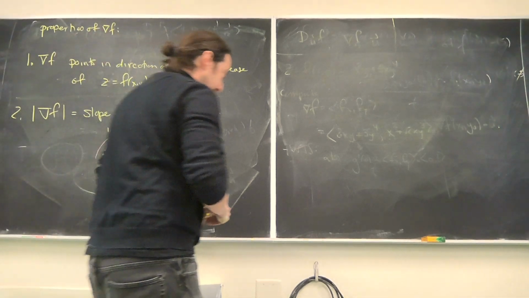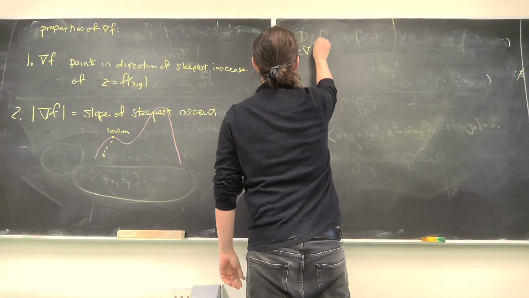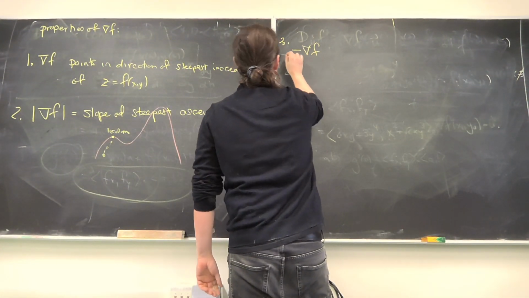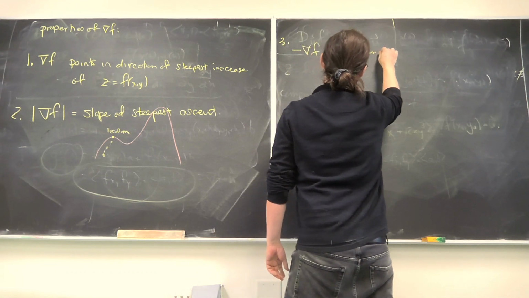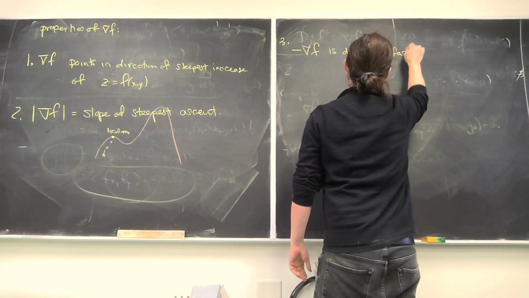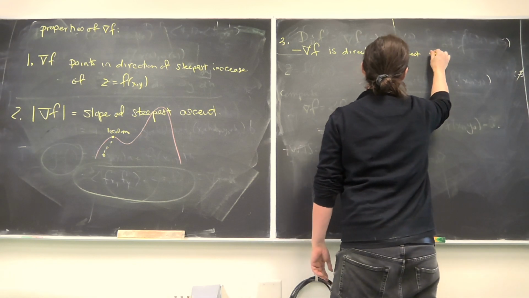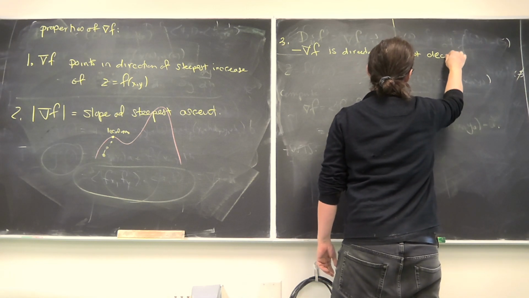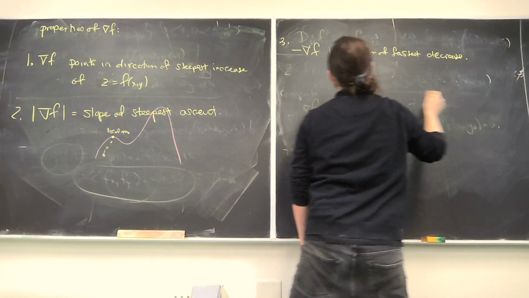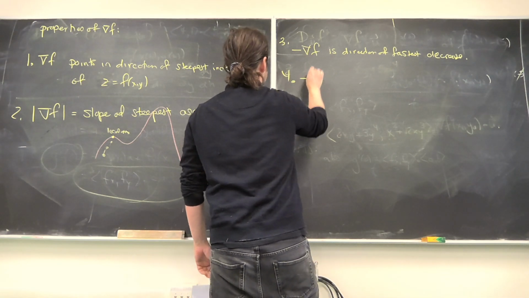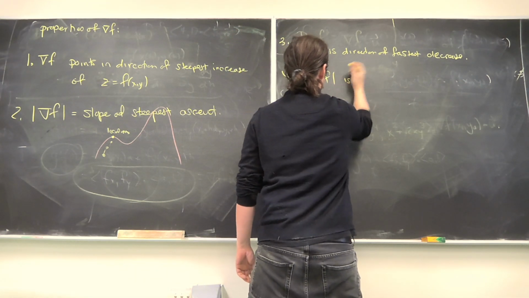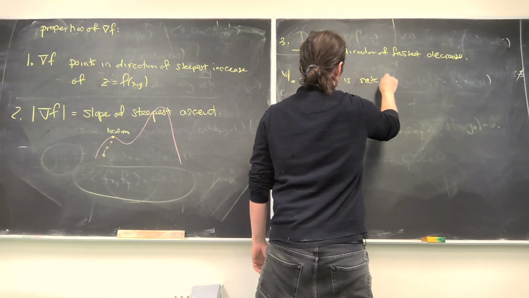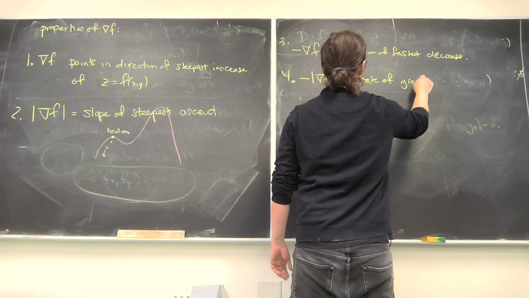So minus the gradient of f is the direction of fastest or greatest decrease. And minus the magnitude of the gradient of f is the slope, the rate of greatest decrease.